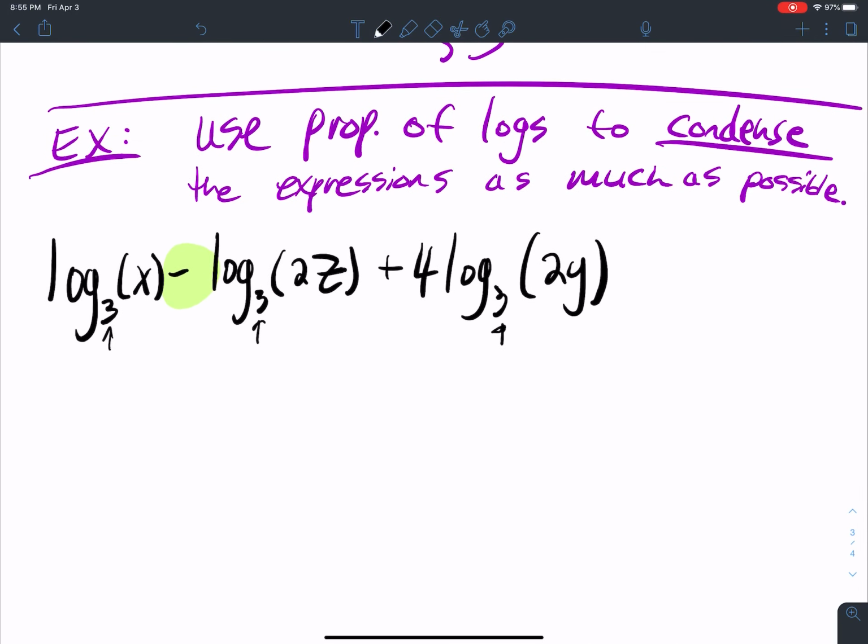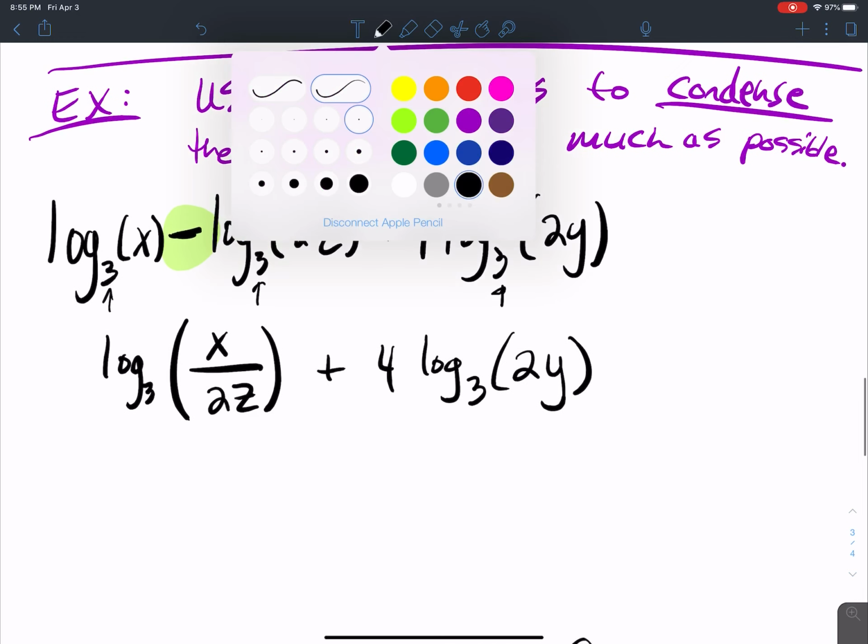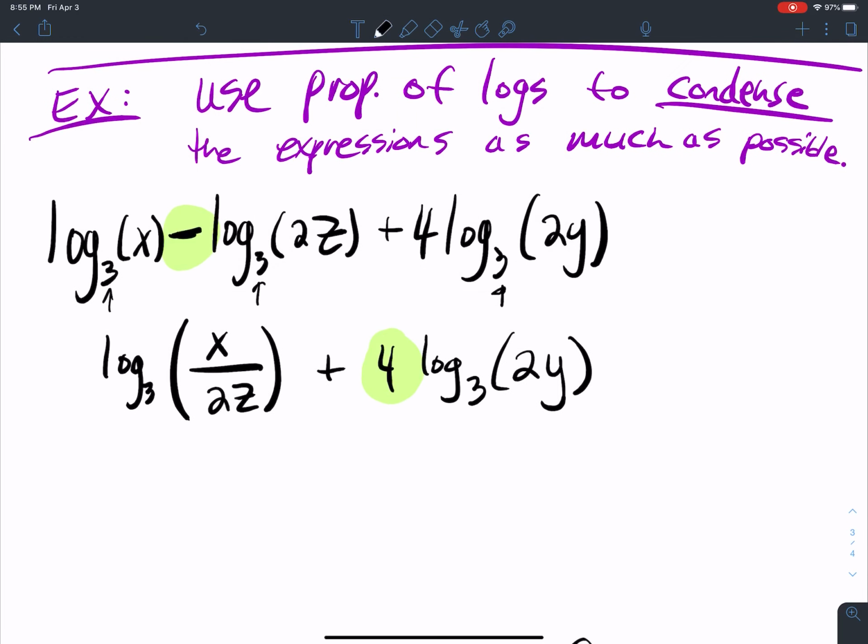But let's combine this. Since it's a negative here, this tells me that's log base 3 of x divided by 2z, okay? And then it says 4 log base 3 of 2y, right? Now what happens with the 4 here? The number out front comes back to the exponent.